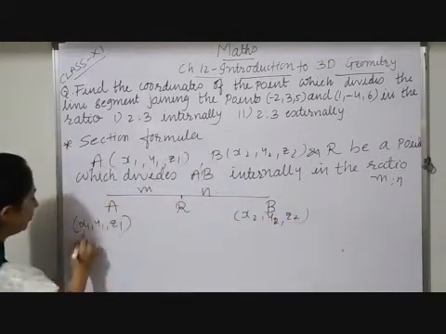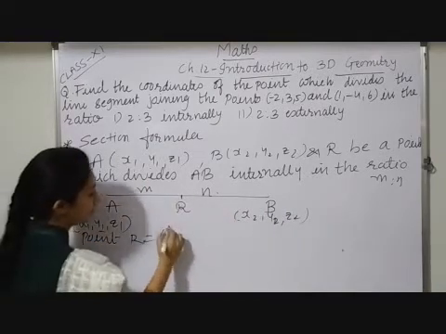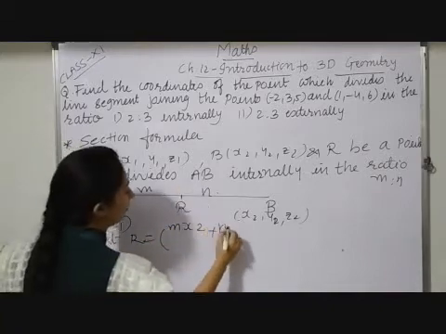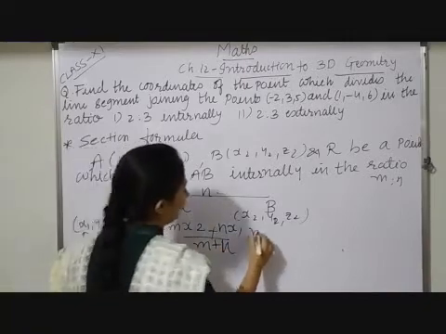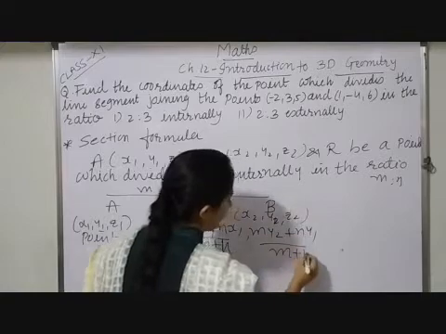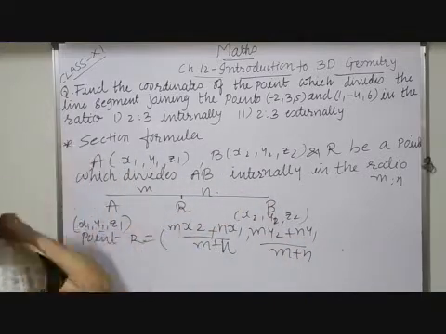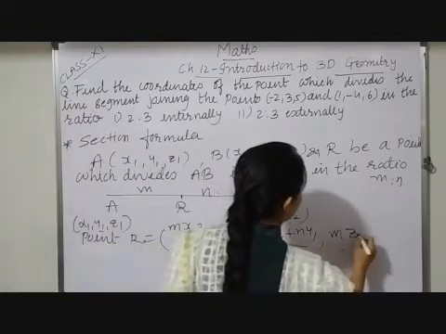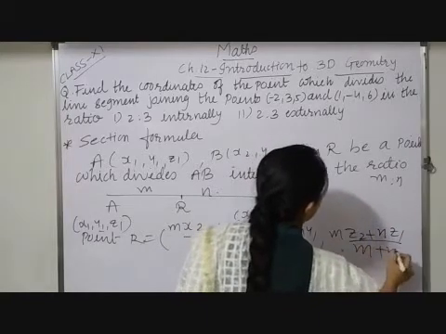So point R is equal to (mx2 + nx1)/(m + n), comma, (my2 + ny1)/(m + n). Till here you have done in 2D geometry. Now we are doing 3D geometry, so just one more coordinate, that is (mz2 + nz1)/(m + n).